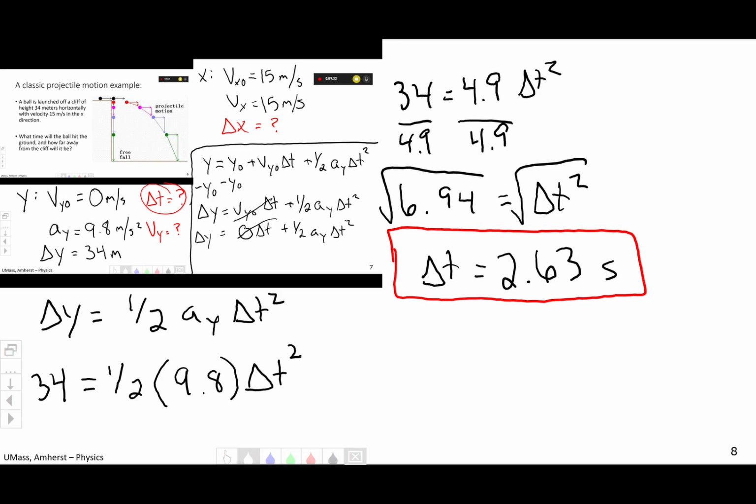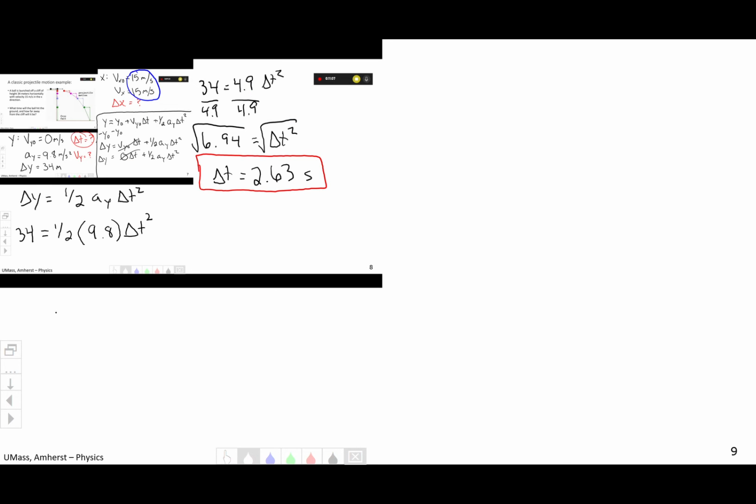And then from here, we want to know how far away from the cliff it will be. How far away from the cliff indicates that we're looking in the horizontal direction, where we know that the velocity is a constant 15 meters per second. So now we know that Vx equals delta x over delta t.